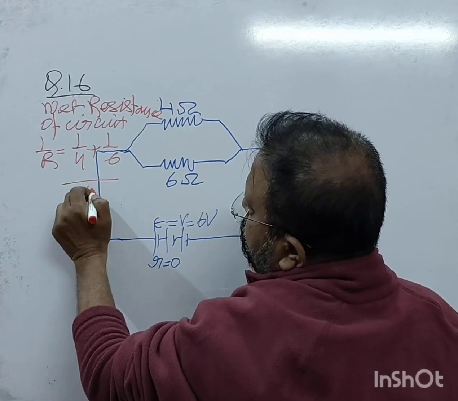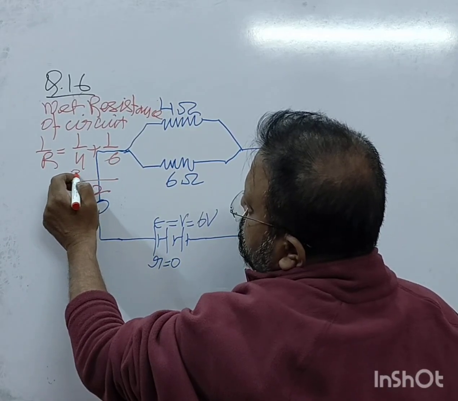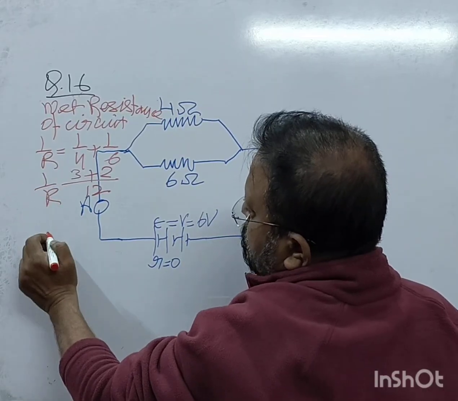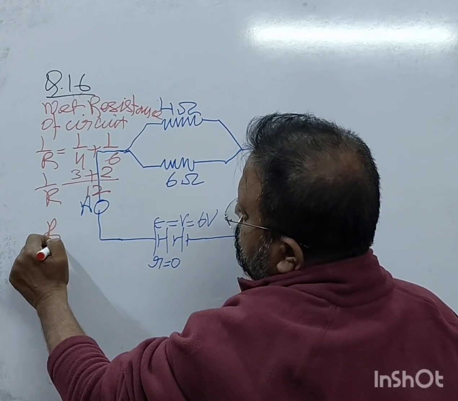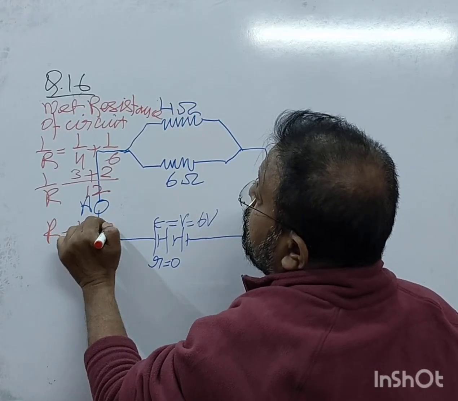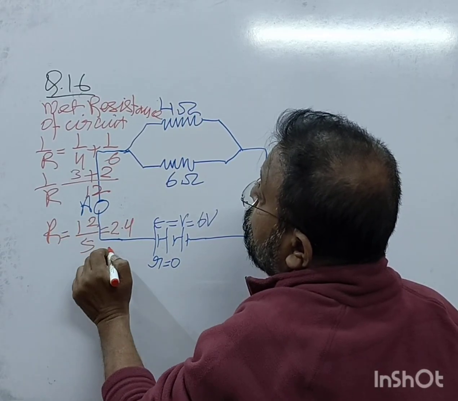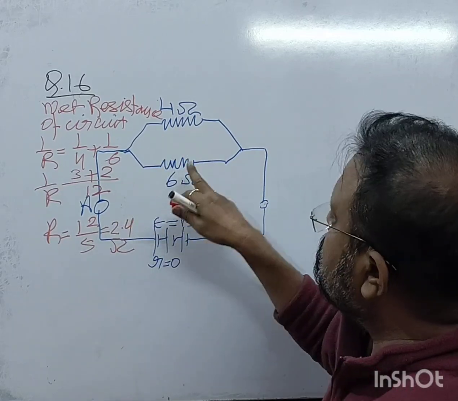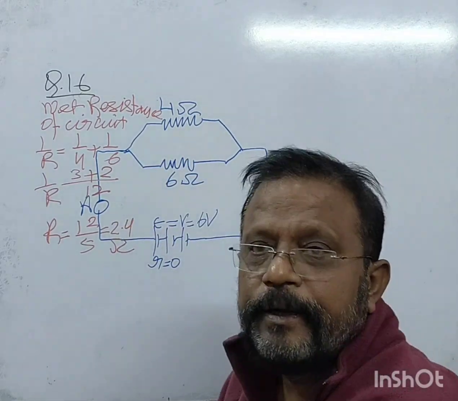Taking 12 as the LCM, it becomes 3 plus 2, 1 upon R. So R is equal to 12 by 5. It becomes 2.4 ohm. Net resistance is 2.4 ohm of the circuit, right?